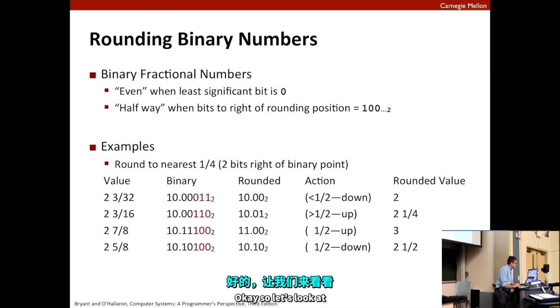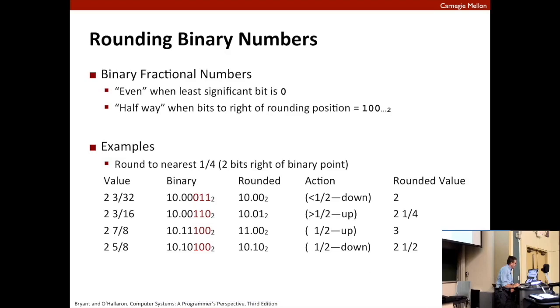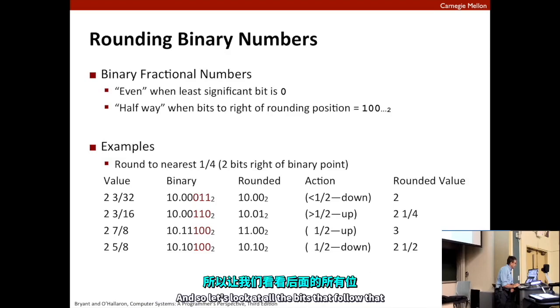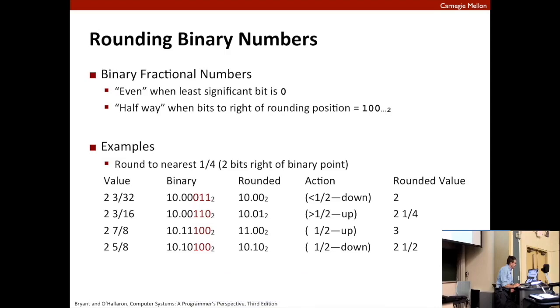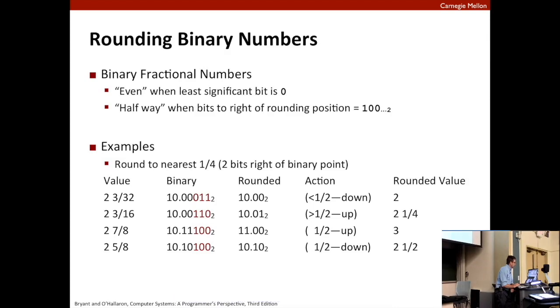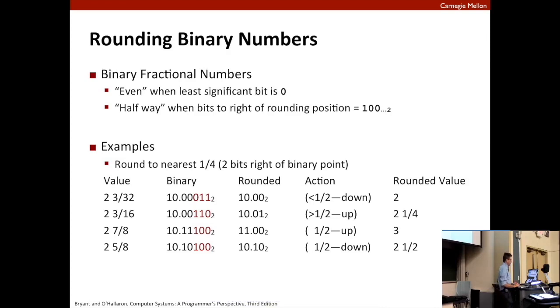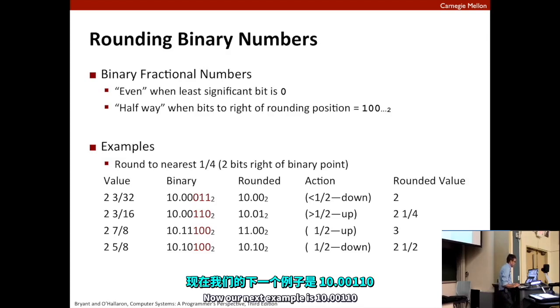We're going to round to 2 bits right of the binary point, so let's look at all the bits that follow that. Since it starts with 0, this is less than halfway. So we just truncate, chop those out, and the result is 10.00.